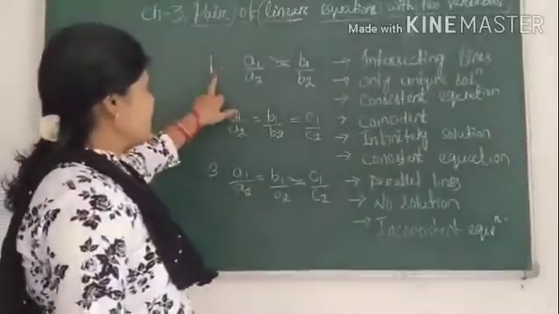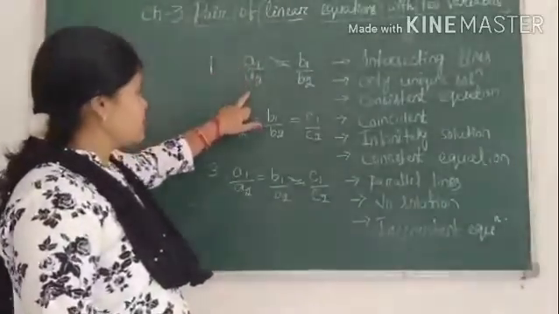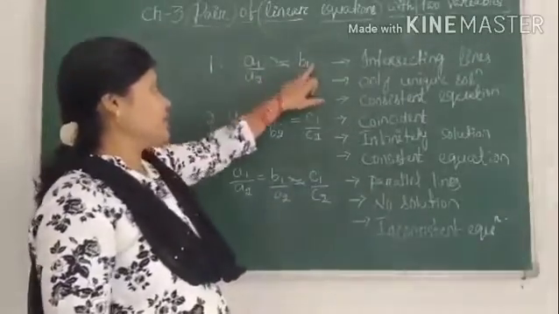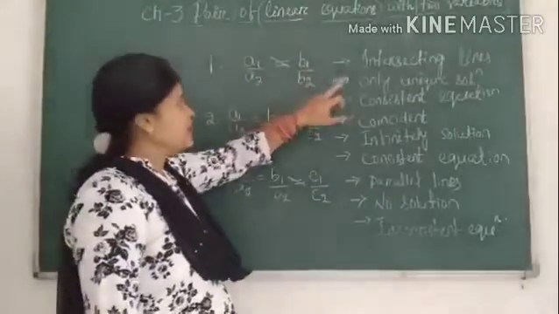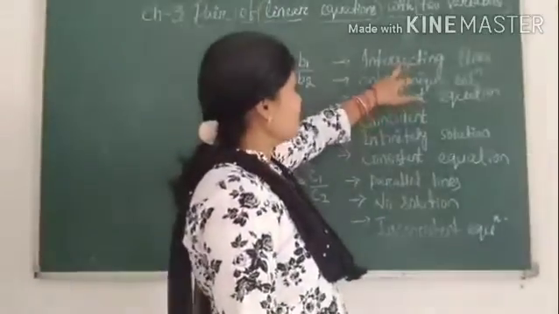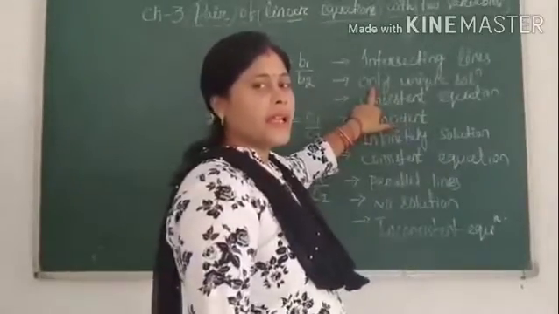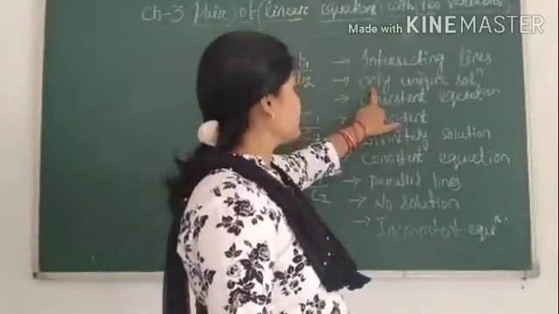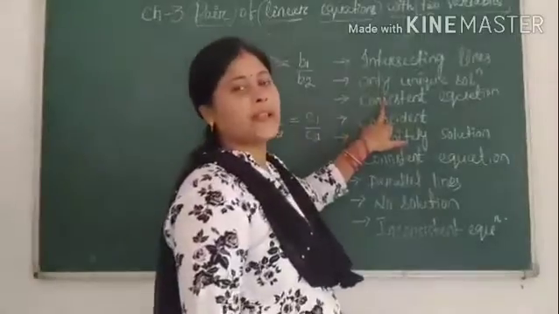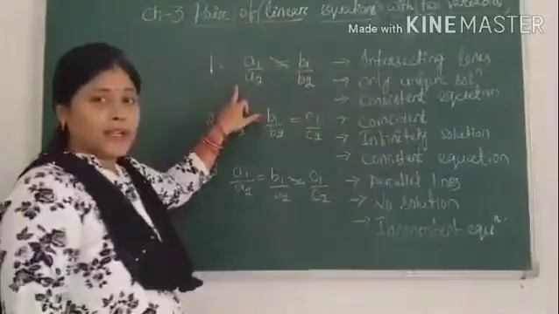So the first condition is A1 by A2 is not equal to B1 by B2, and here we are getting intersecting lines, and intersecting lines mean only a unique solution, exactly one solution is possible, and this type of equation is known as a consistent equation. You have to remember the condition.